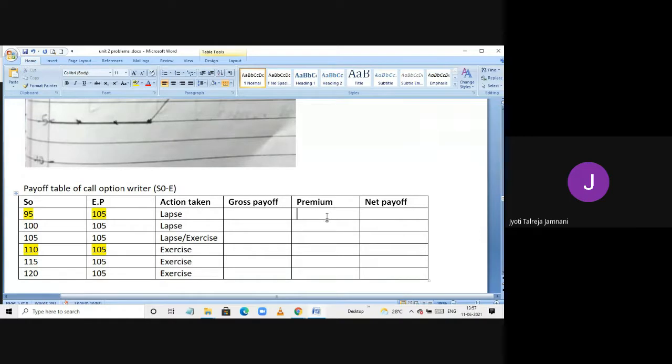Now here the premium will be plus 5 because the writer is a person who doesn't decide. He has given his choice of decision to somebody else. So Mr. A is the decision maker, and this person has sacrificed his decision making right, and for that he has got 5 rupees premium. So when Mr. A is paying 5 rupees, the writer is getting 5 rupees.